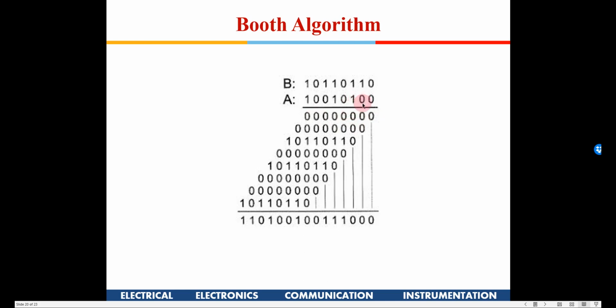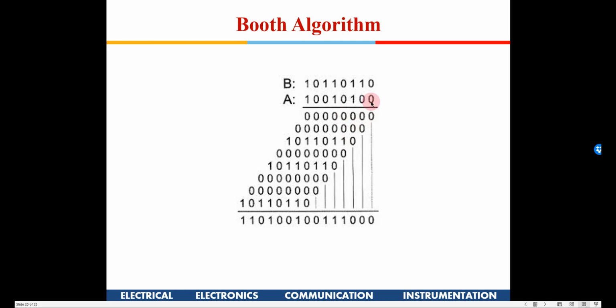Similarly, this is 0, so I am writing it in all zeros. If it is 1, then B is written as it is, right? B is written as it is, and with every operation the new operation is being shifted towards the left, or I can say the old result is being shifted towards the right, okay. Whatever was old, that is being shifted towards the right.